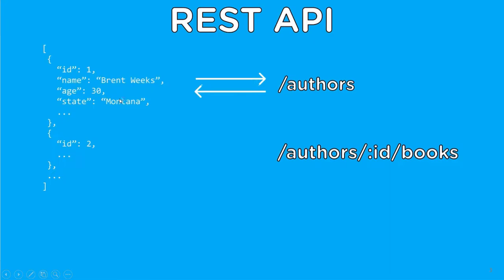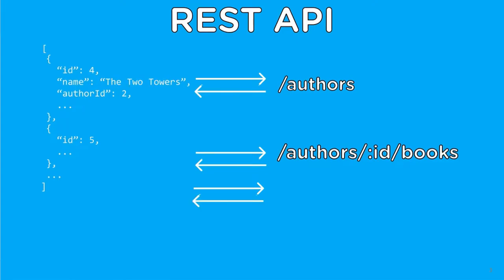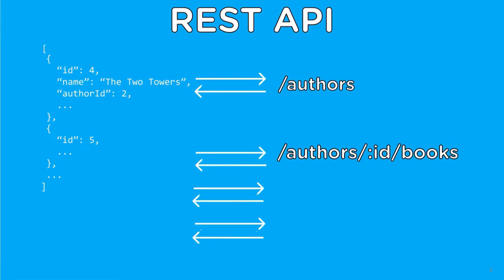And to know the books written by this author, again we need to make a server call. That is another endpoint. So we'll send the author ID over there, and we will fetch all the books with the same author ID. So here the author ID will be the reference. Again, if there is another author, we need to send the other author and get the list of books. So if you look into this, we are having multiple server calls in the REST API.